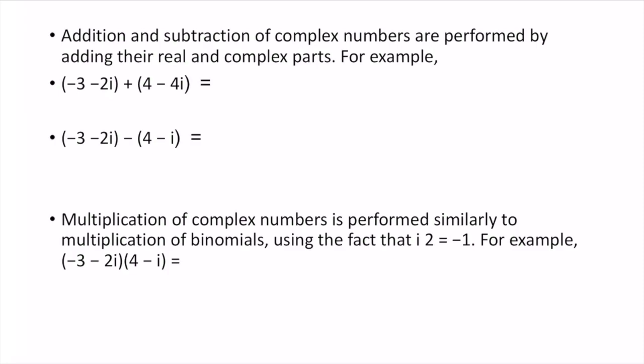When we're adding or subtracting complex numbers, it's just like collecting like terms, where you add your numbers, your x's, your x squareds, except now we'll keep our numbers separate, and we'll also keep the imaginary part separate.